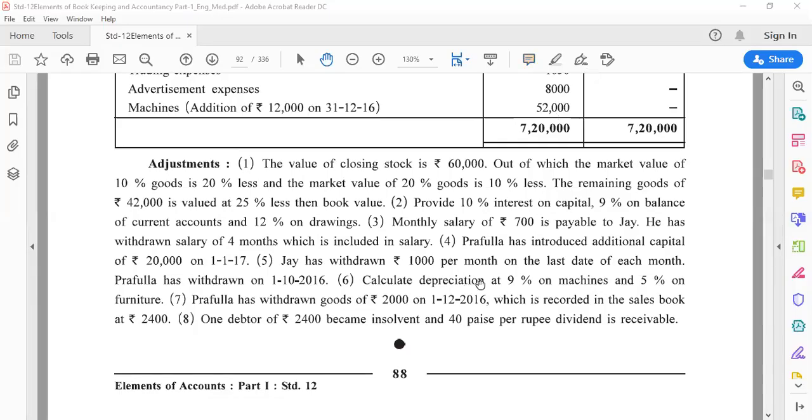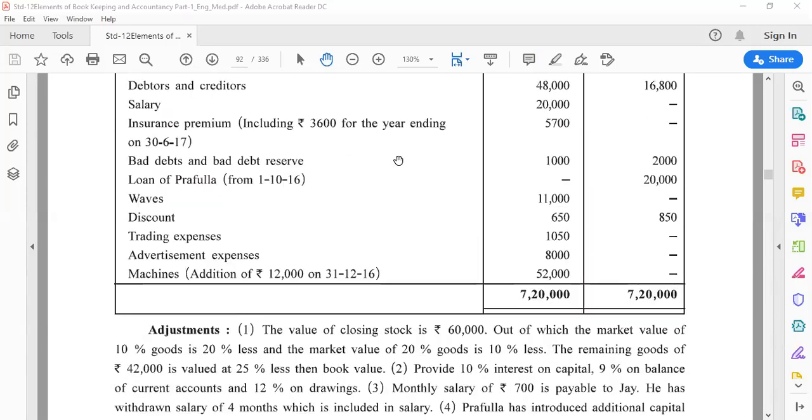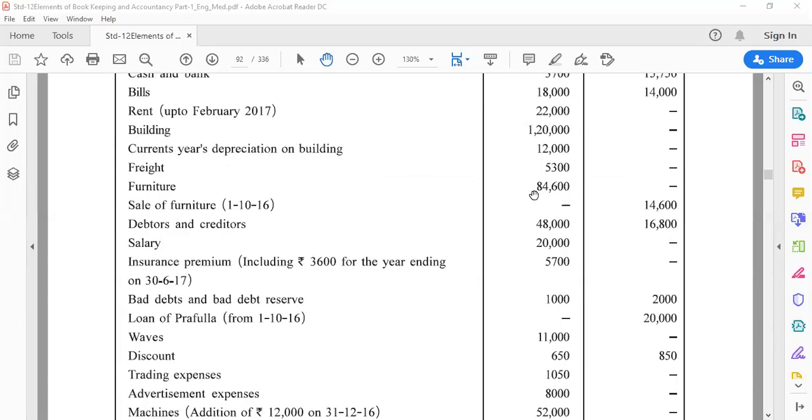Okay. Then half part of 6 adjustment, 5% on furniture, right? So 5% on furniture, that means what? Furniture here we have total 84,600, 14,600 sold on 1/10/16, right? Please keep in mind, sold on 1/10/16, total 84,600, 14,600 sold.